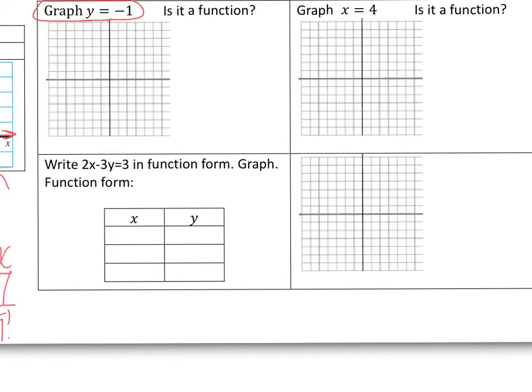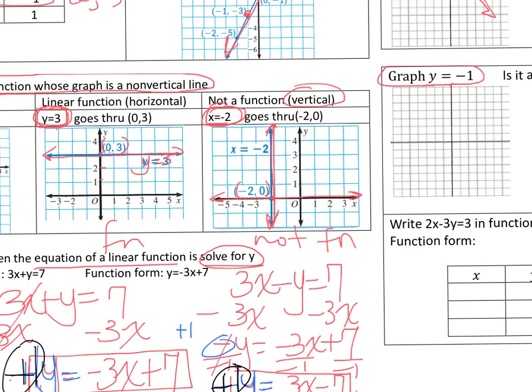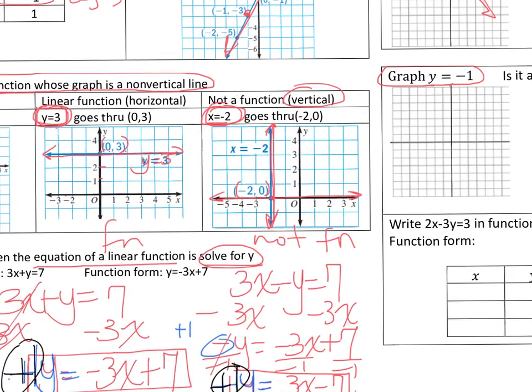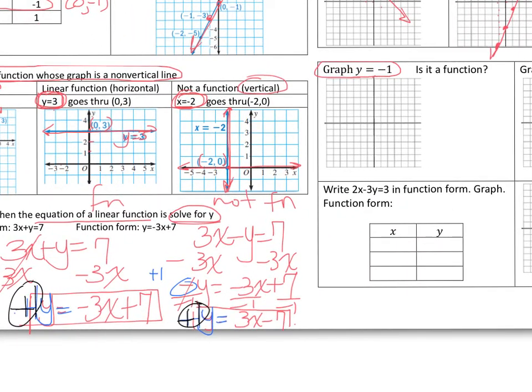So recall from your notes earlier, when you see a function with y equal to a number, all you have to do is go to the point 0, -1, the y on the y-axis, and draw a horizontal line. Okay, and this is a function. Is it a function? Yes.